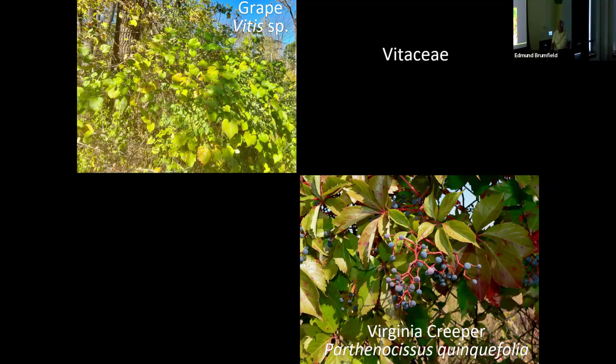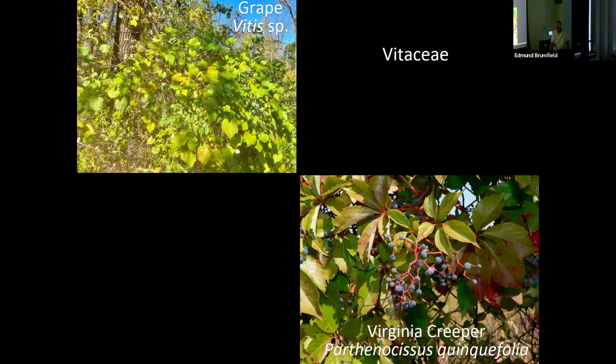Now, we're not going to be discussing porcelain berry for obvious reasons because it's an invasive and it spreads like crazy. Grape, too, is very invasive. There's native species and there's non-native species of grapes. So unless you're planting a vineyard, I'm not going to be discussing grapes much either. But Virginia creeper is very, very popular among many, many species of moths.